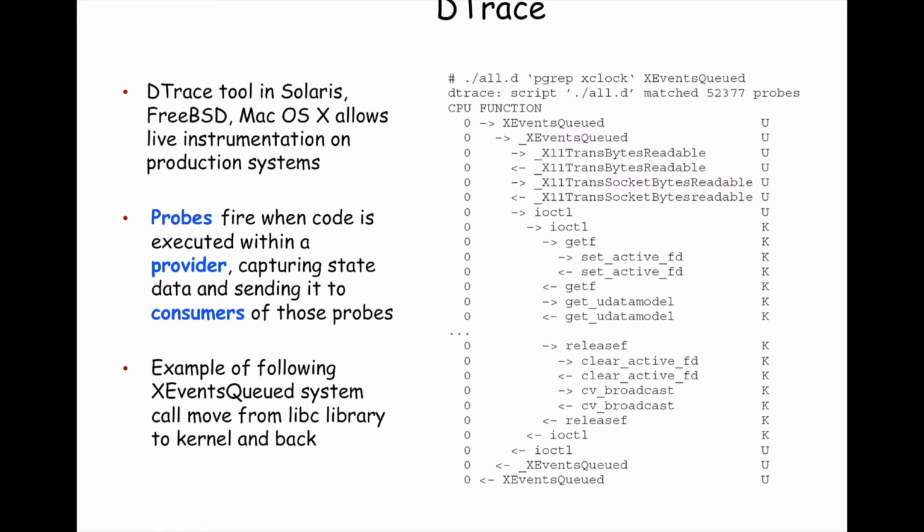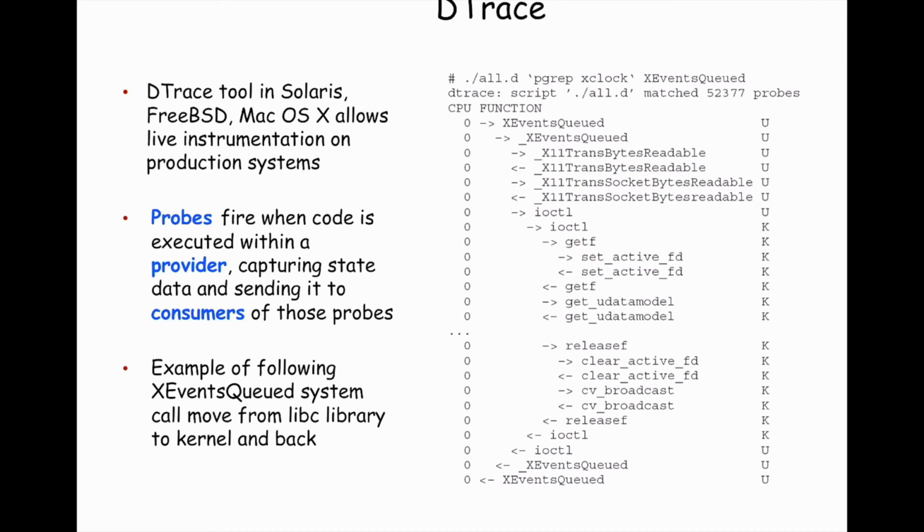And dtrace works with a series of probes, and a probe is nothing more than a snapshot when a certain event occurs, and that snapshot corresponds to the function calls that are being made. This example on the screen on the right-hand side in Courier font is an example of a dtrace output. This is for X11, which is a windowing system on Unixes.